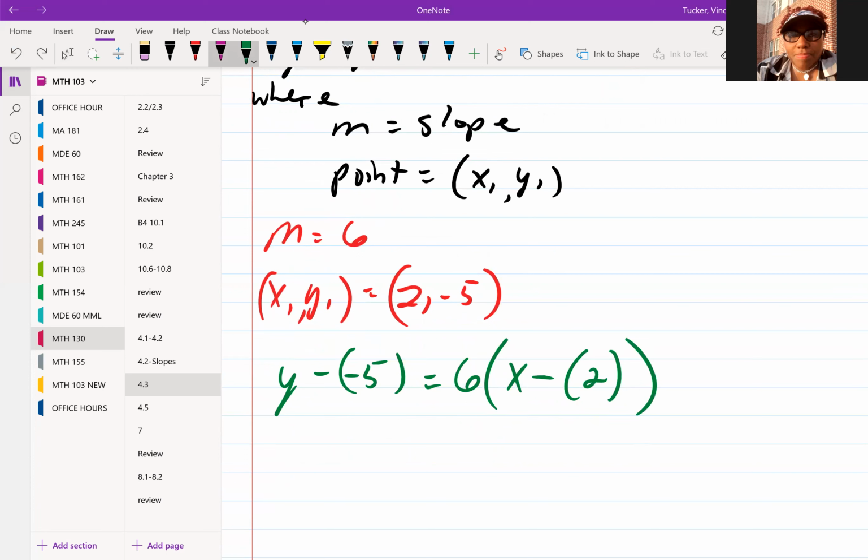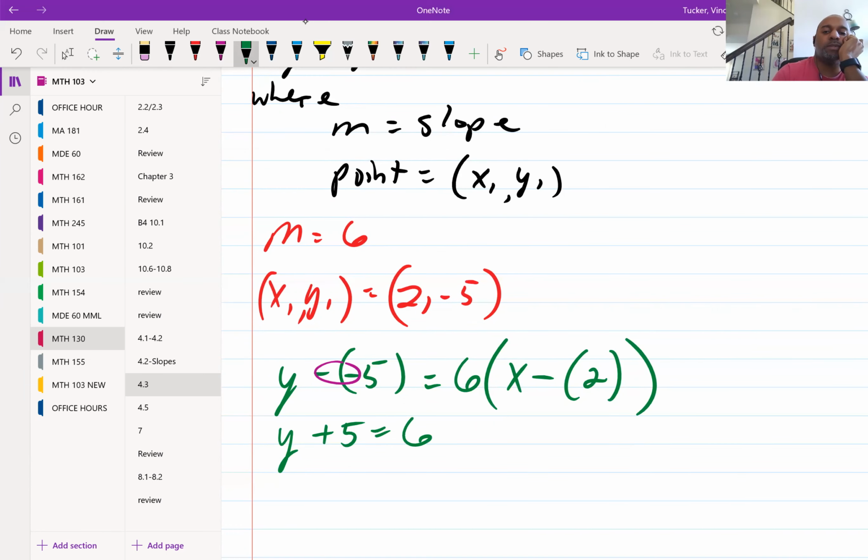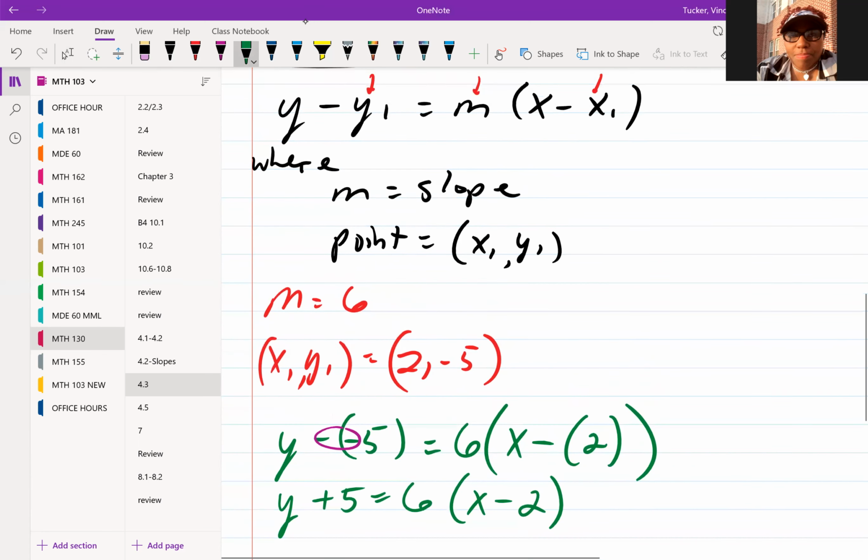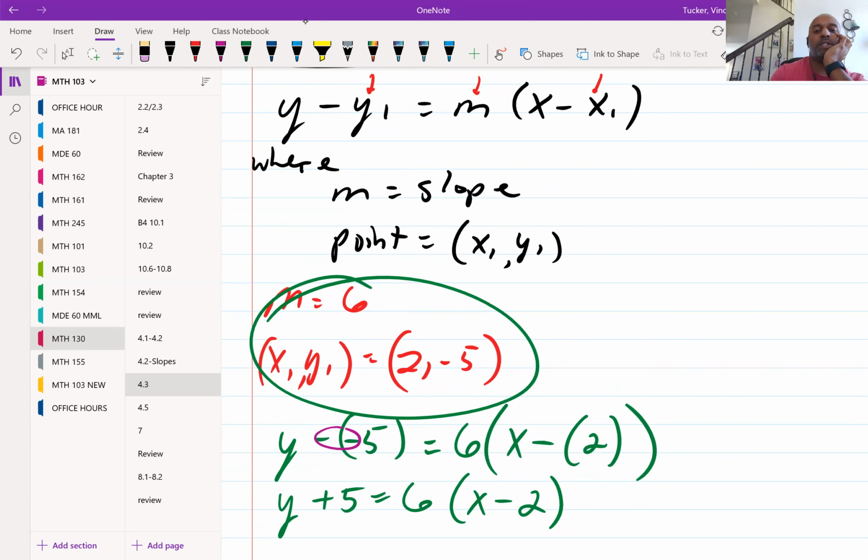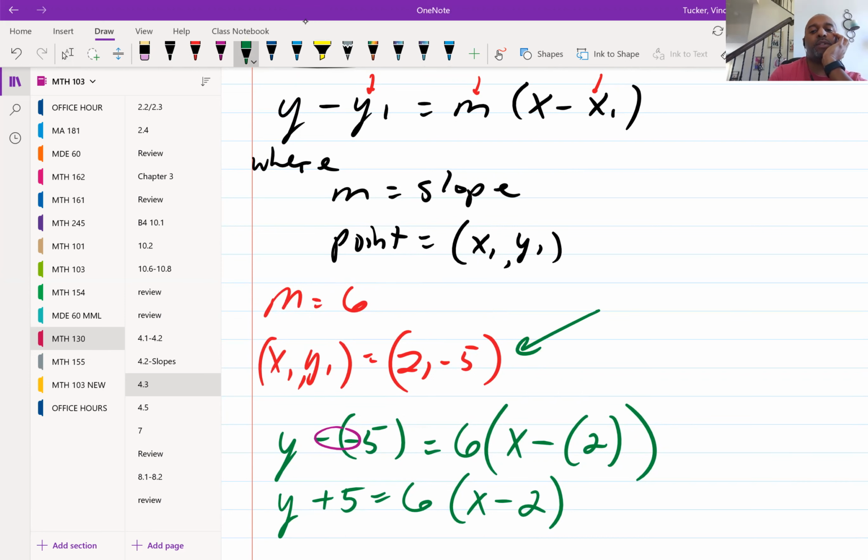Yep. So I'm trying to understand the formula now. So what is the actual example here? M equals 6. Yeah, this came from the example, m is equal to 6. And your point, they don't call it x1, y1, but your point is going to be x1, y1.